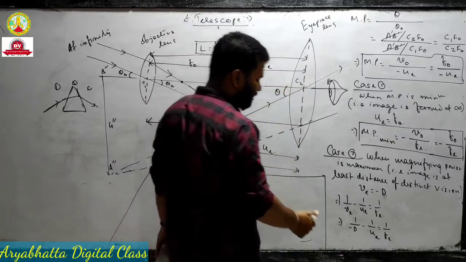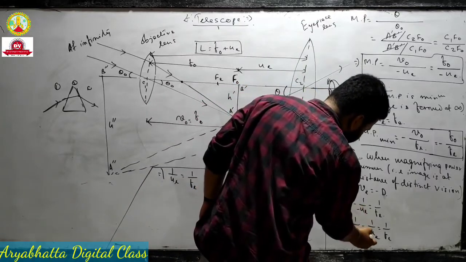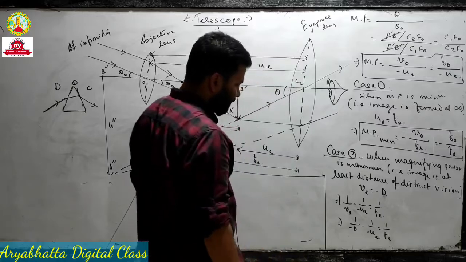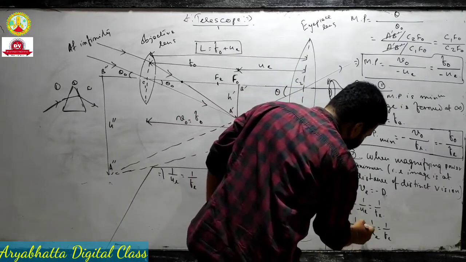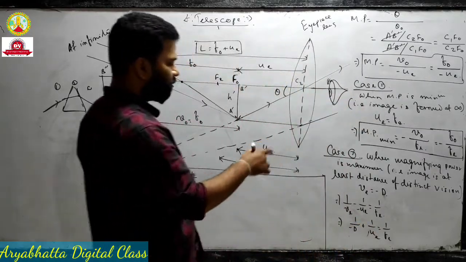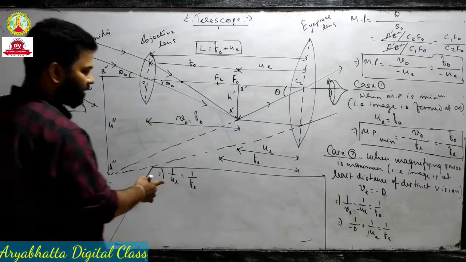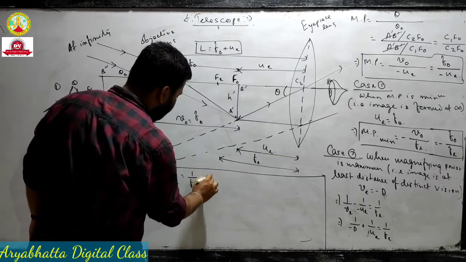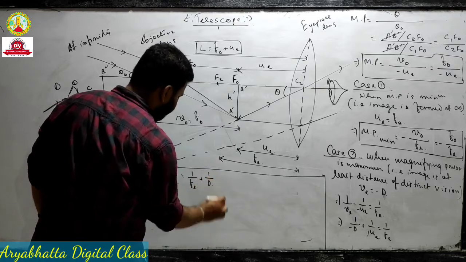U is in the left hand side, so it will be minus. Minus it will be plus. So 1 by UE is equal to 1 by FE plus 1 by D.